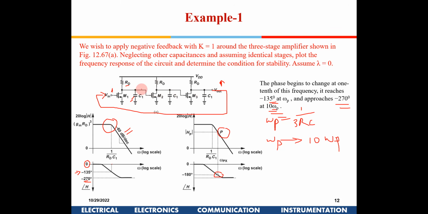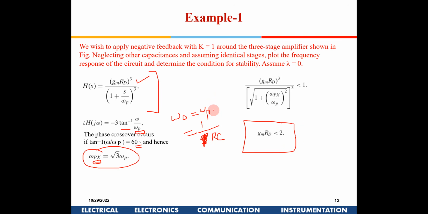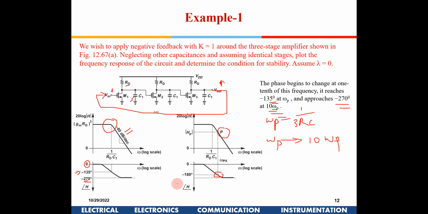At that time, what would be the gain? That is what we are trying to compute. So here beta, what we have considered in the gain equation? Beta is 1.